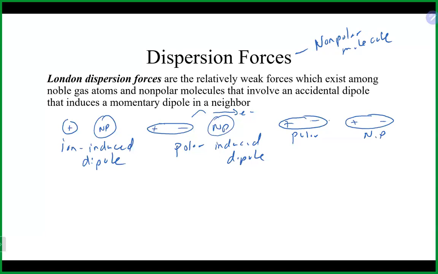Now these two, which normally do not have a way to interact with each other, will temporarily be able to interact until the polar molecule or the ion moves away, and the electrons in the nonpolar molecule come back and the attraction breaks apart. So it's a temporary occasion that can be induced.